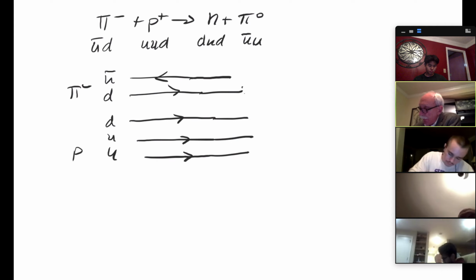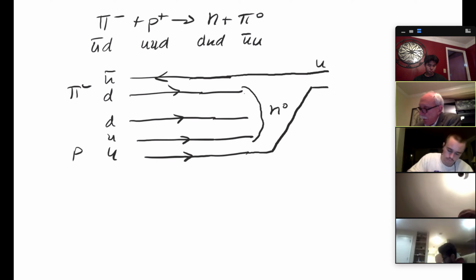This one's pretty easy. These three make a neutron, and these two recombine and make pi zero.